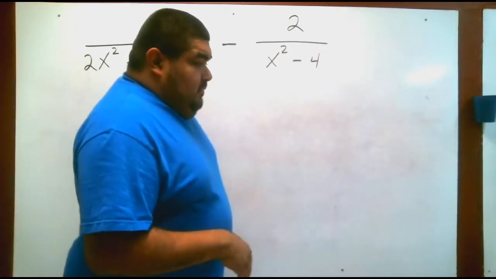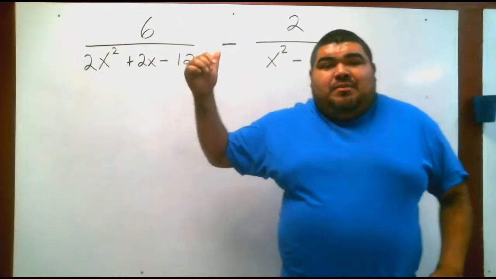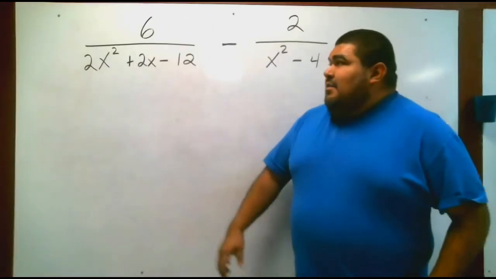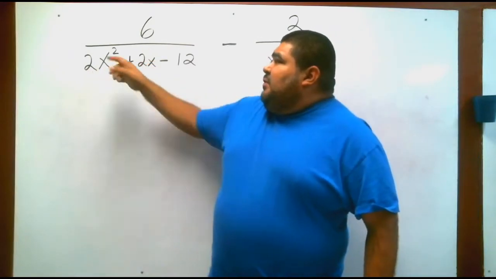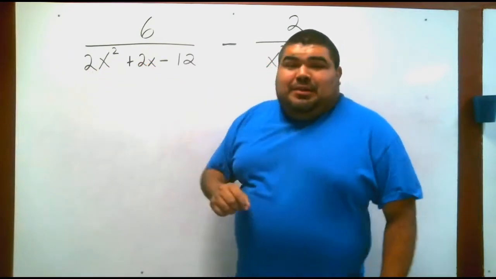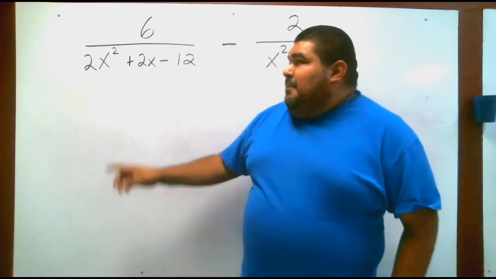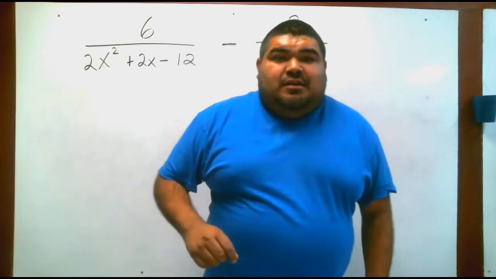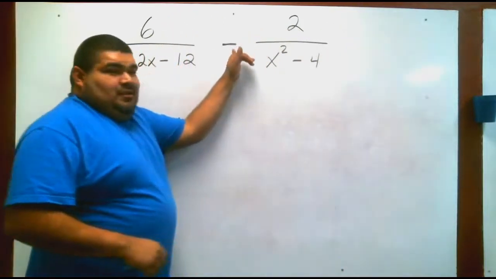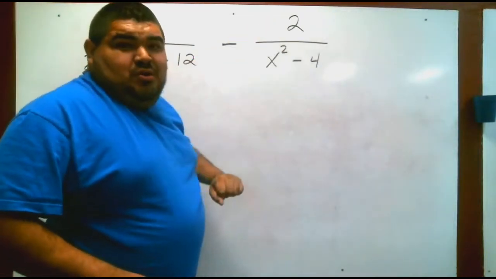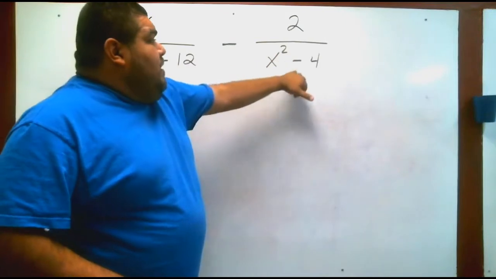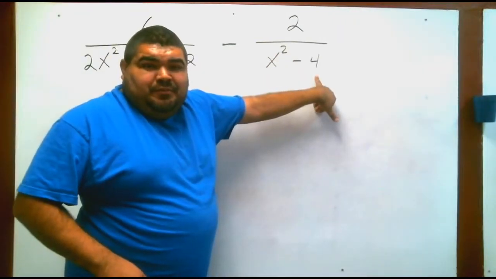So, see that up here I have a problem already written, okay? We have 6 over 2x squared plus 2x minus 12, okay? And then we have minus, this is the key right here, minus 2 over x squared minus 4, okay?